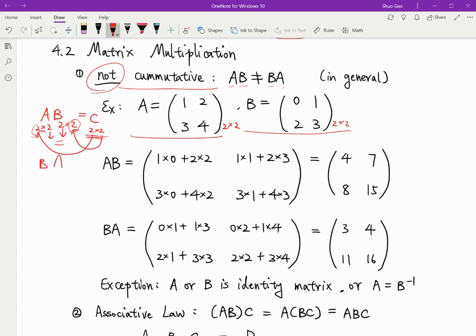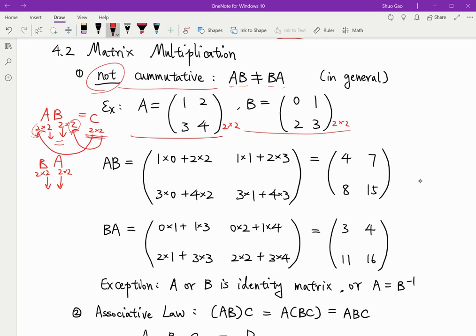And B times A is also conformable. Or we can also calculate B times A because B is 2 by 2, A is 2 by 2. Because of the square matrices, the column dimension of B equals the row dimension of A, right? Because both the row and the column dimensions of B and A are 2.